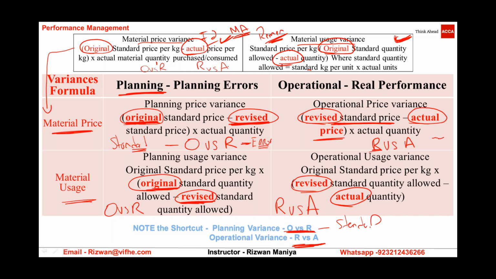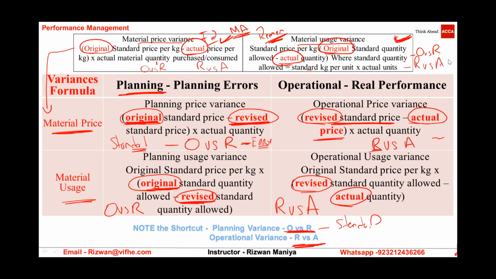For usage planning, it's original standard quantity allowed versus revised standard quantity allowed. We'll give you an example of that as well. And for operational, it's revised standard quantity allowed versus actual.